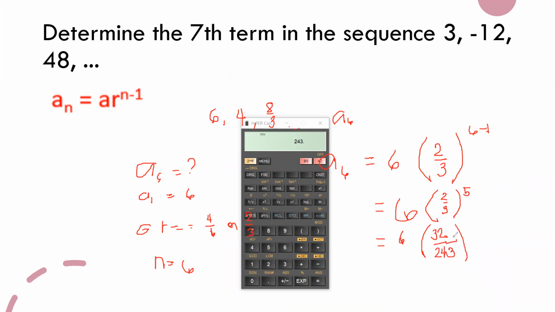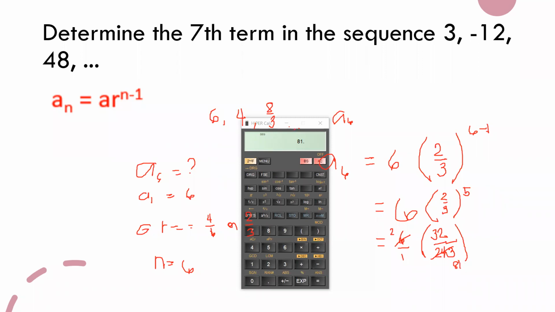So, kung may pwede na tayong i-divide, since 243 ay divisible by 3 at ang 6 ay divisible by 3, pwede natin siyang i-divide by 3. So, 6 divided by 3 ay 2. Naglo-lowest term na tayo ha. And 243 divided by 3 ay 81. So, pwede na natin change ang 243 into 81.